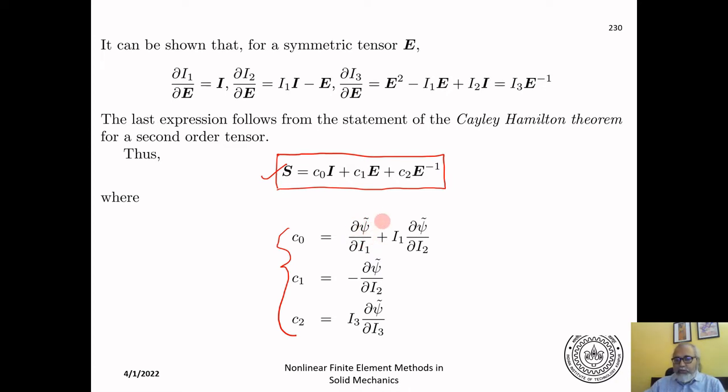So taking psi hat to be the Neo-Hookean function, we will derive this C0, C1, C2.